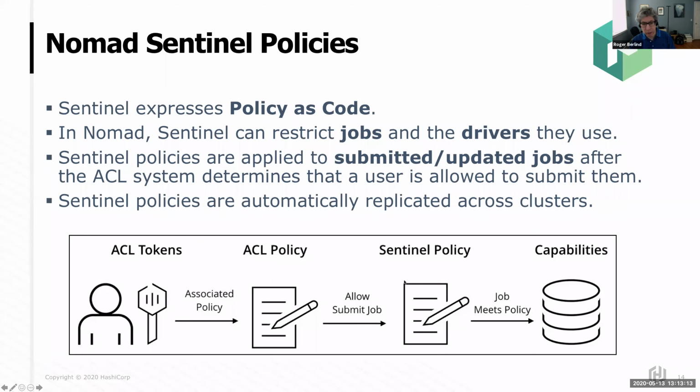And then Sentinel imposes additional restrictions, like whether the Docker image is allowed, whether there are other properties of the job specification that are allowed or not allowed, et cetera. And if all the Sentinel policies pass, then the job can be deployed.